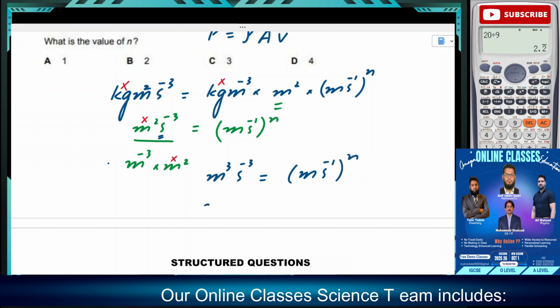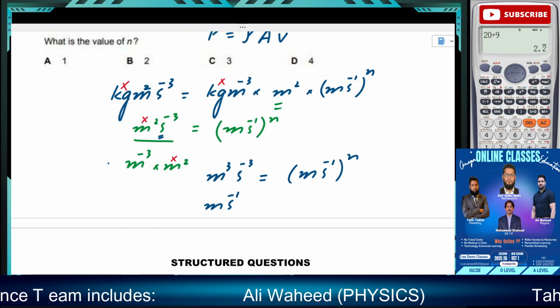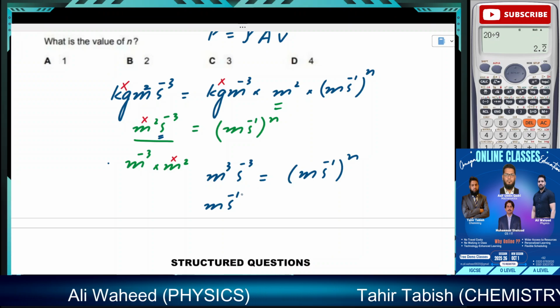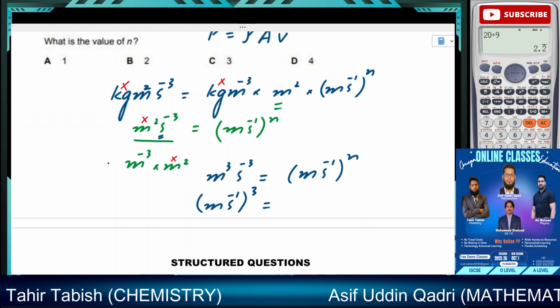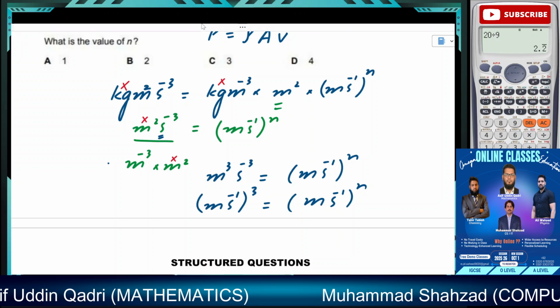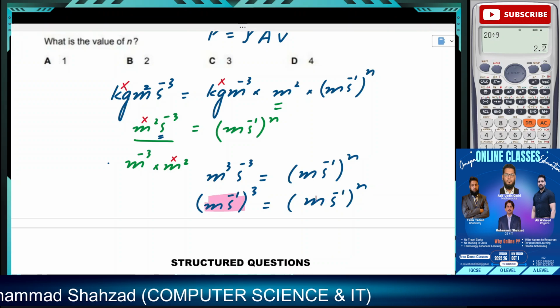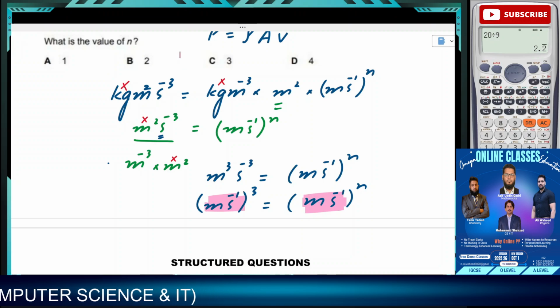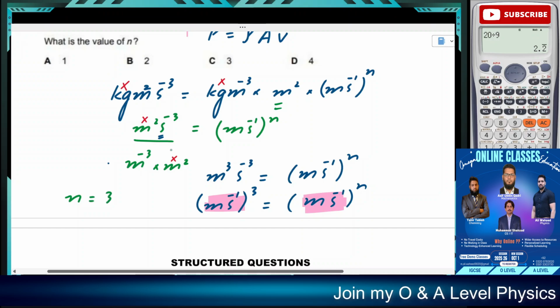Now the left side can also be written this way. So instead of saying m3 s raised to the power minus 3, you can say ms minus 1 raised to the power 3. Right side as it is. Now you see the two bases are same. ms minus 1 on the left side, ms minus 1 on the right side. If the two bases are same, you can compare the exponents. So we can say n equals to 3.